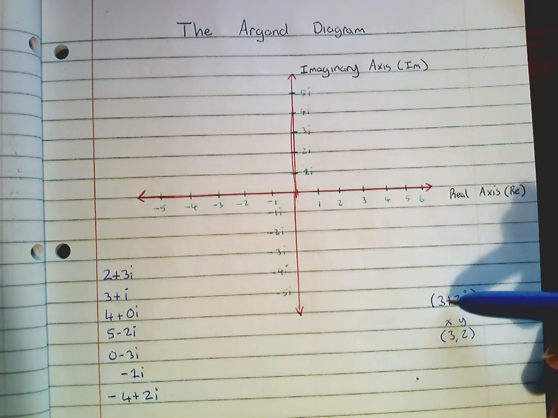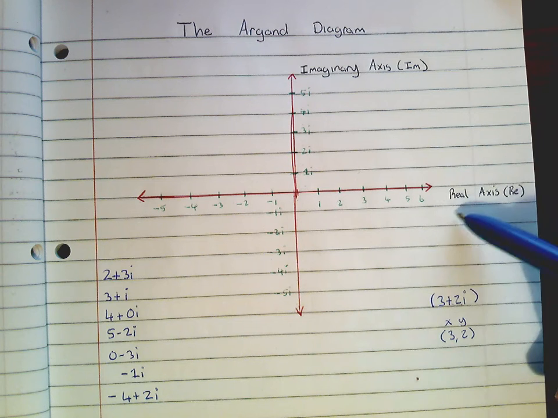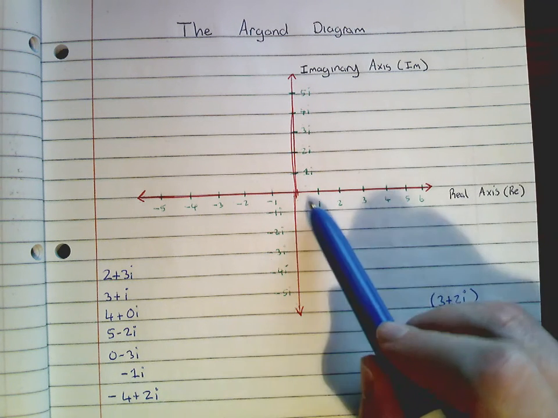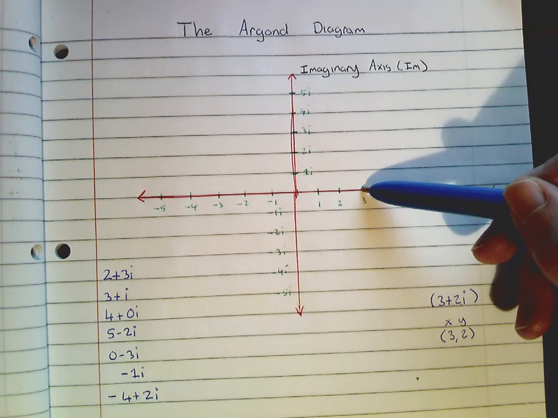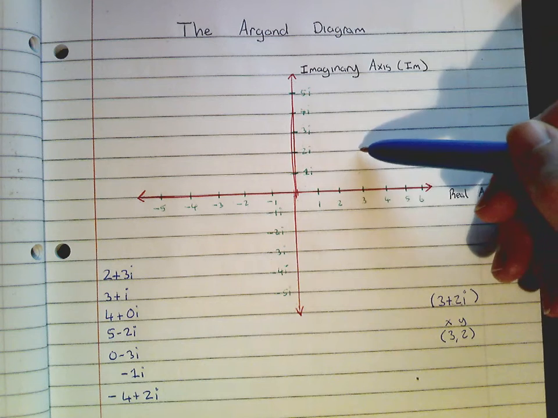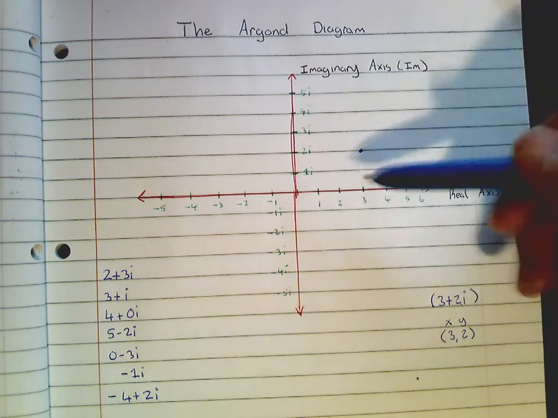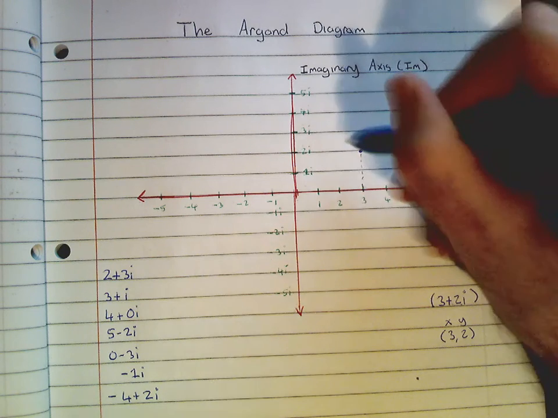So let's say we wanted to plot this number on the Argand diagram. First of all, we can see this is positive 3, so we look along here, and here is positive 3. And it's plus 2i, so we go up to here, and this is where that point is going to be.